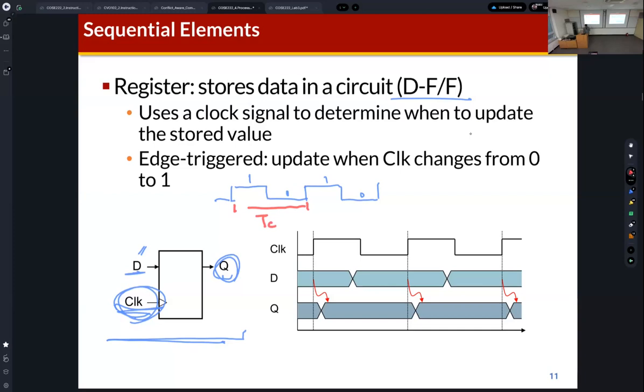So the D flip-flop receives this clock signal. Then what is the behavior of this flip-flop?